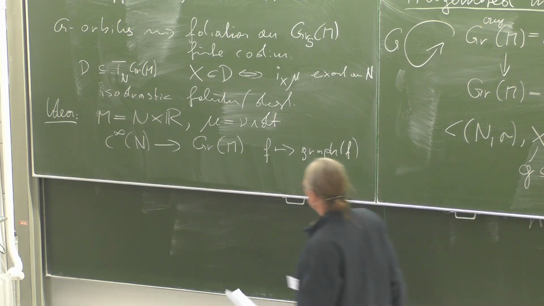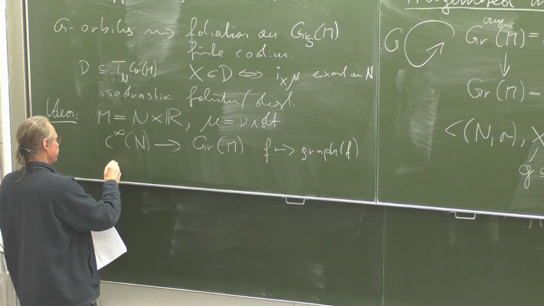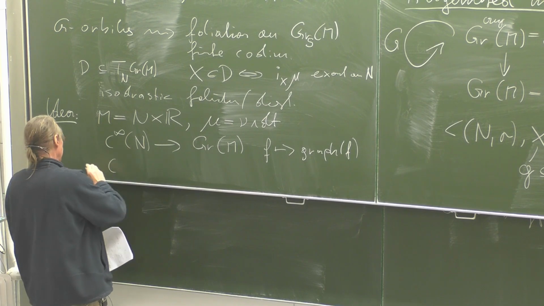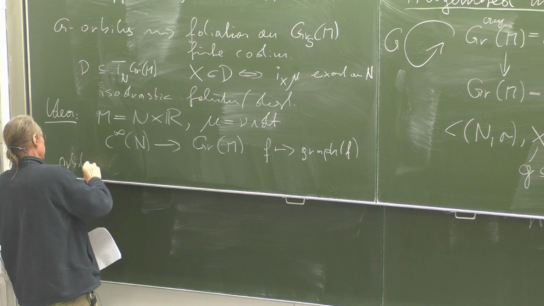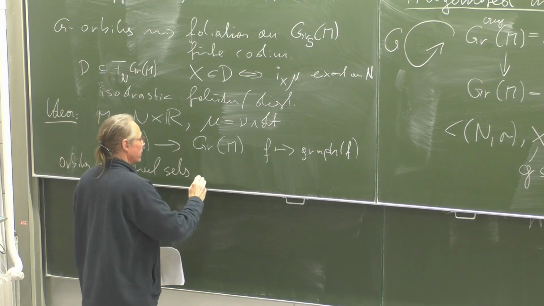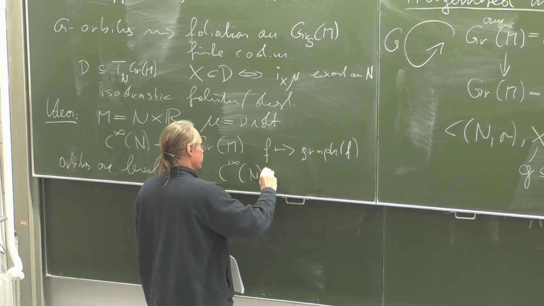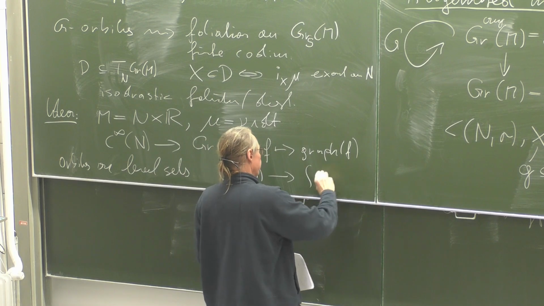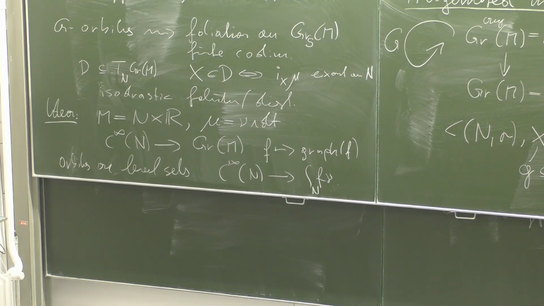And in this chart, if the volume form is really that nice, the orbits are level sets of a linear map, a linear operator, just taking integrals of functions. There's a linear map, and the level sets are just the images of points.